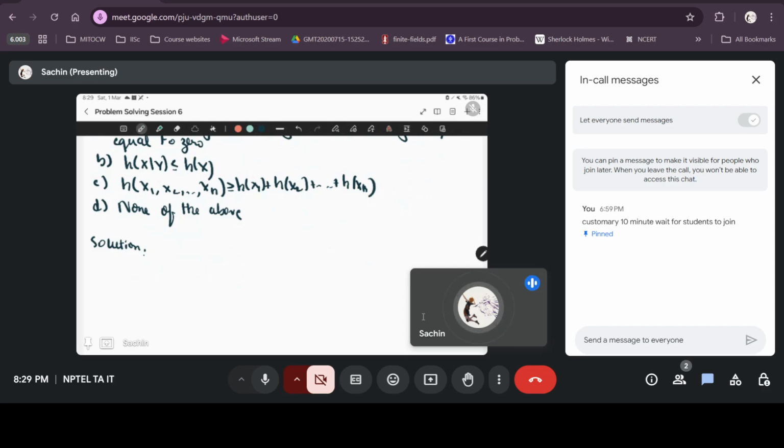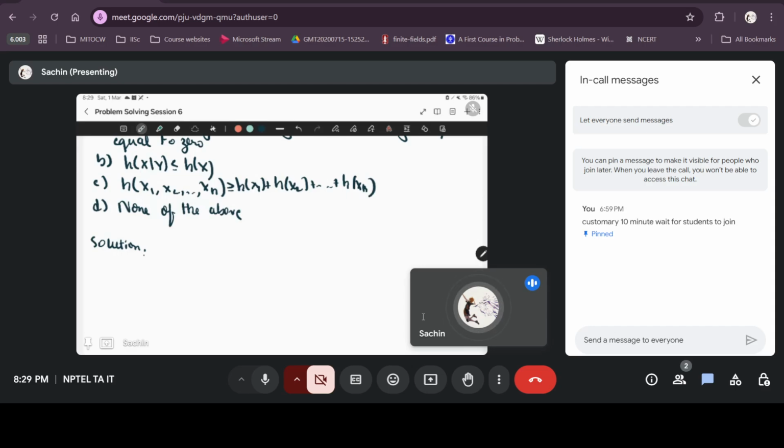So option A is true. This is differential entropy, which is entropy for continuous random variables, which can be greater than, less than, or equal to 0. In case of discrete random variables, the entropy is always non-negative.